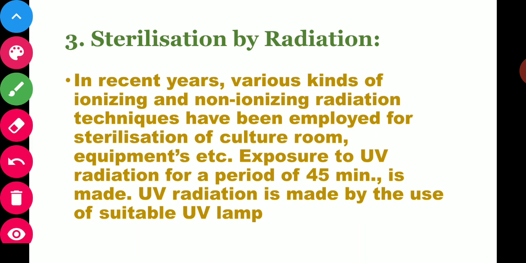Then after some time the environment inside the laminar flow clean air bench becomes sterilized, and therefore we can do the explant inoculation at the laminar flow clean air bench. The UV tube light converts the oxygen available there into ozone, and in ozone no microorganism can remain alive. So UV treatment is also a method for sterilization in the laminar flow clean air bench, where we have to make inoculations.